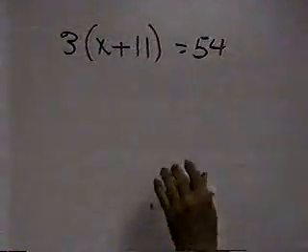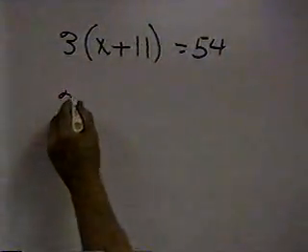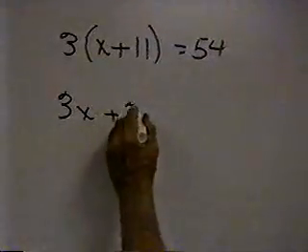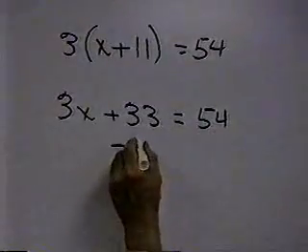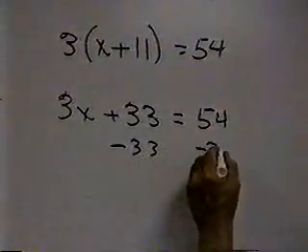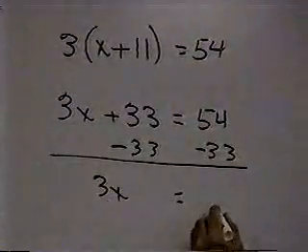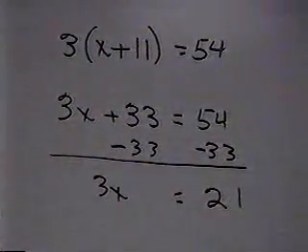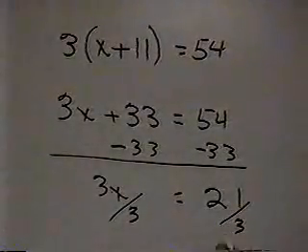All right, then we finish the problem. Well, what's the rule? Remove parentheses. So that would be 3x plus 33 is equal to 54. Moving the 33 across by doing the opposite operation. And then the 3 is multiplied, therefore to move it, we divide.